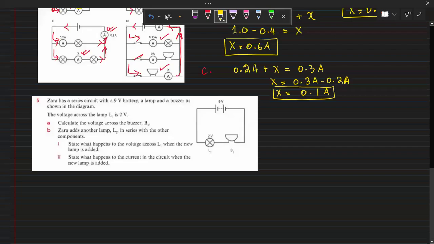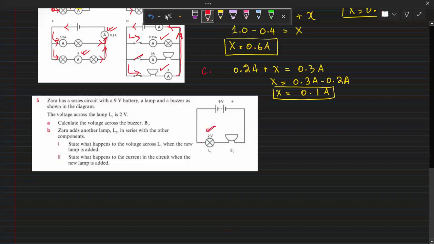All right. Now we're gonna do question number 5. Another question here. Zara has a series circuit with a 9-volt battery, a lamp and a buzzer as shown in the diagram. The voltage across the lamp L1 is 2 volt. As you can see here, the voltage is 2 volt here.